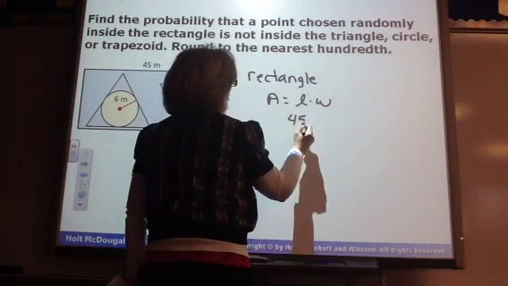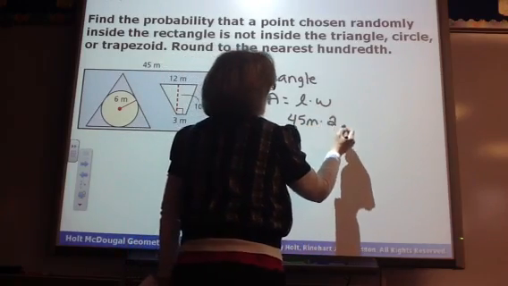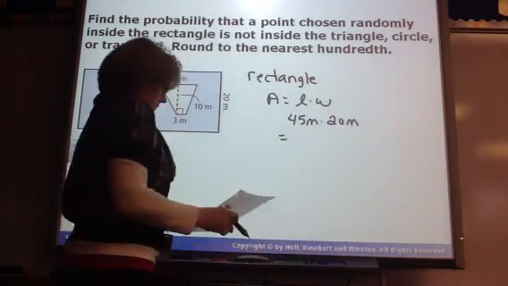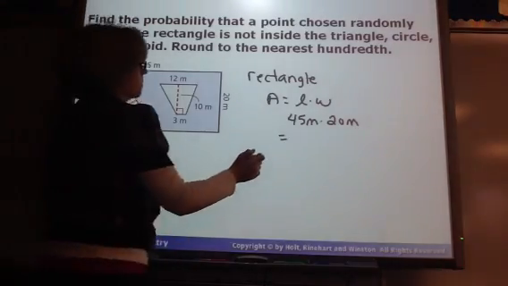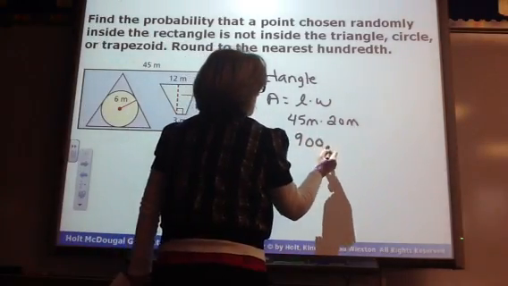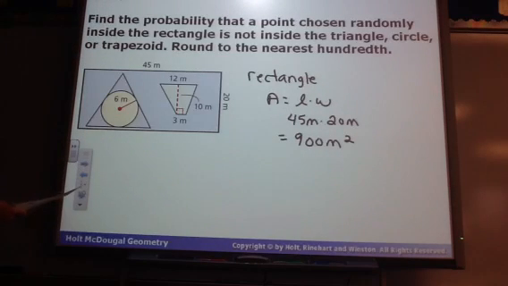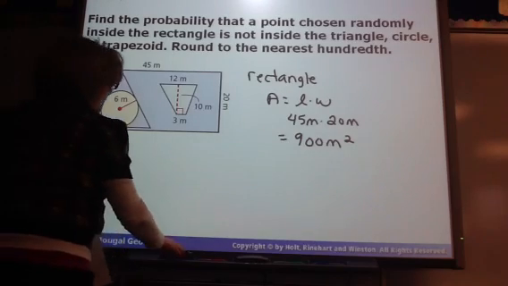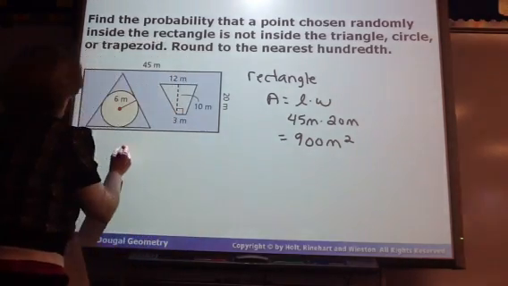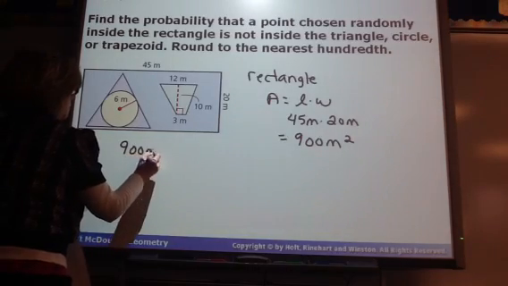So we have 45 meters times 20 meters. Okay? Then, let me put that right here. So here's our rectangle.